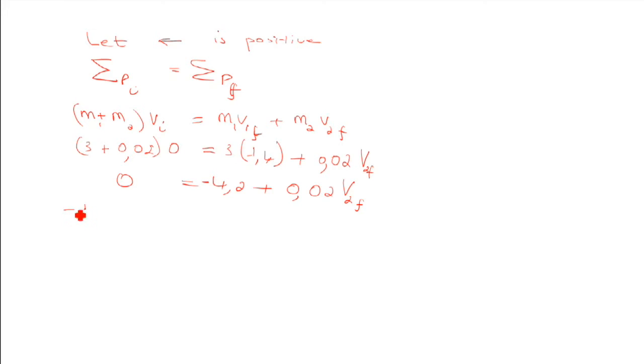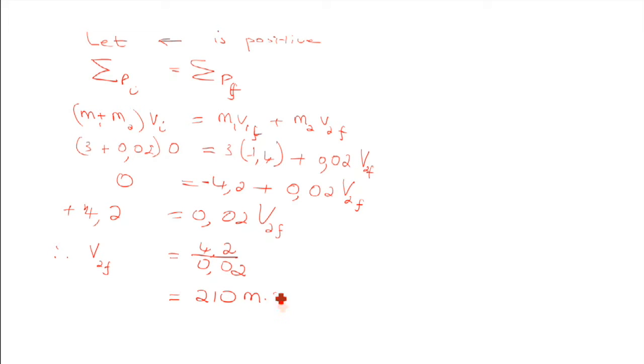Preferably let's keep things positive: 4.2 is equal to 0.02 V2F. That makes V2F equal to 4.2 divided by 0.02, because when it moves to that side the negative becomes positive. And what do we have? 4.2 divided by 0.02 gives 210 meters per second.